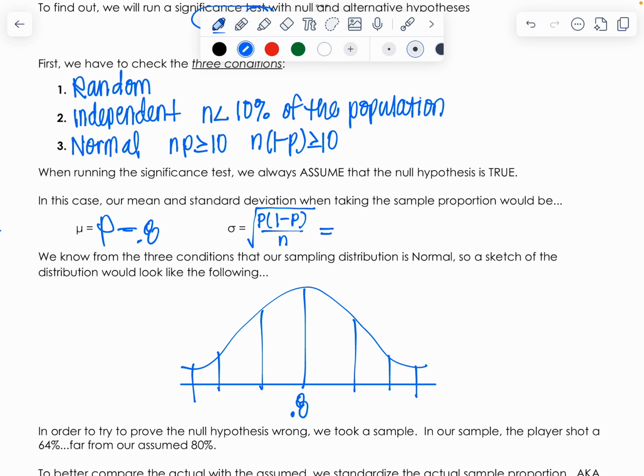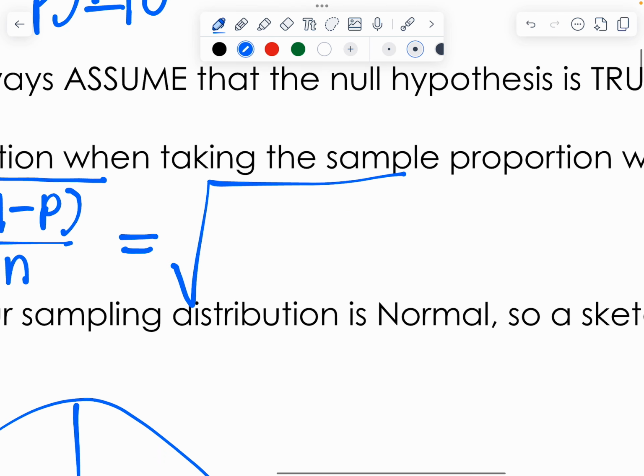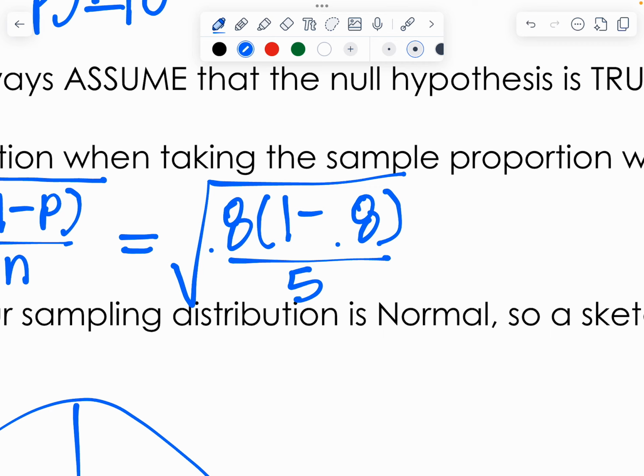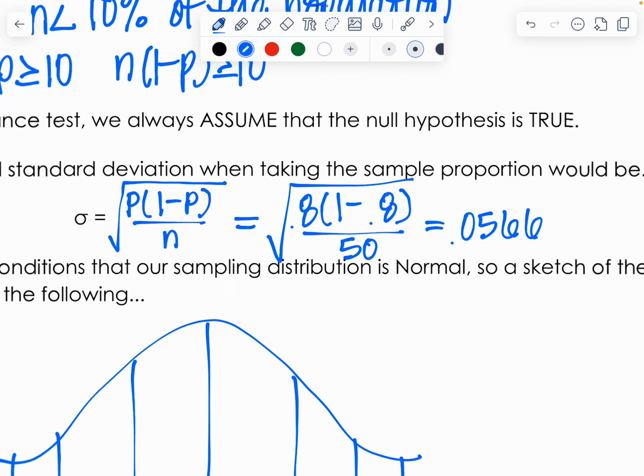This will be the square root of 0.8 times 1 minus 0.8 over 50 shots. Okay, so I'm punching that in my calculator. We get 0.05656, so 0.0566.